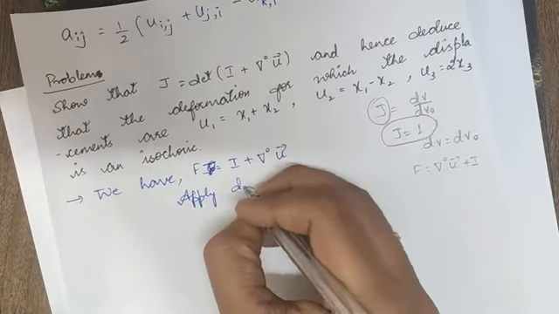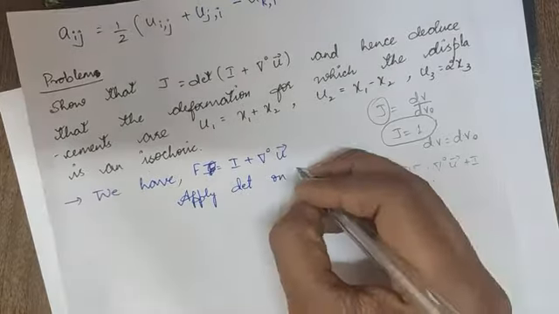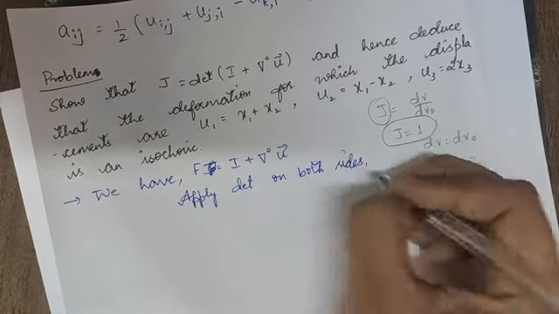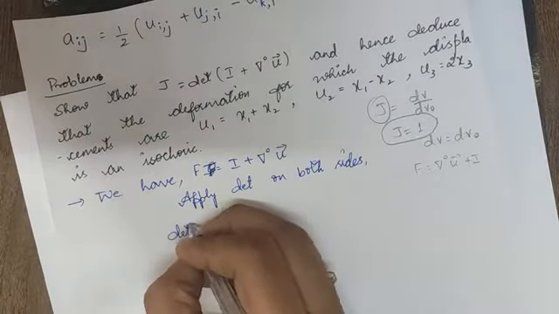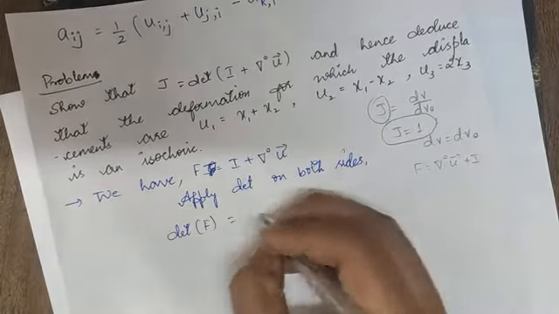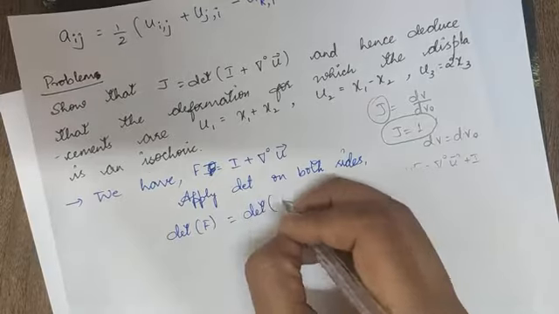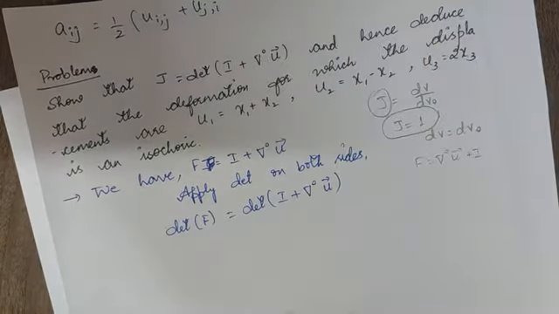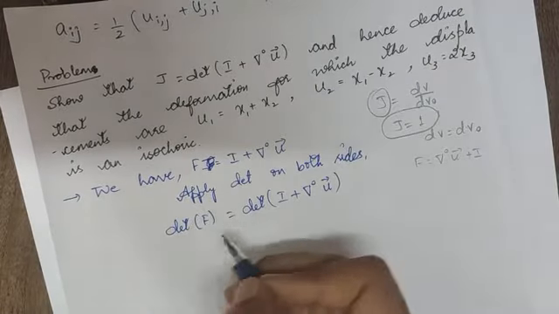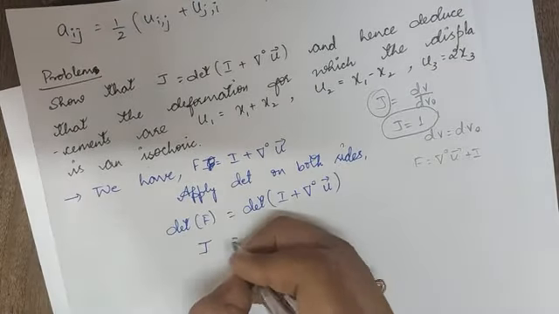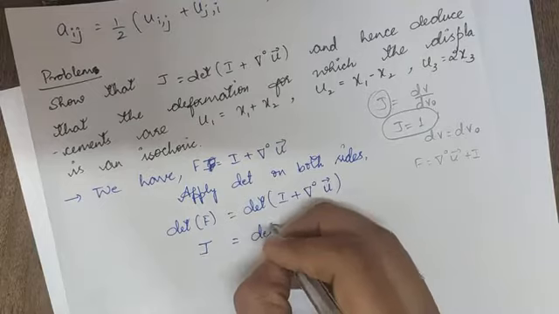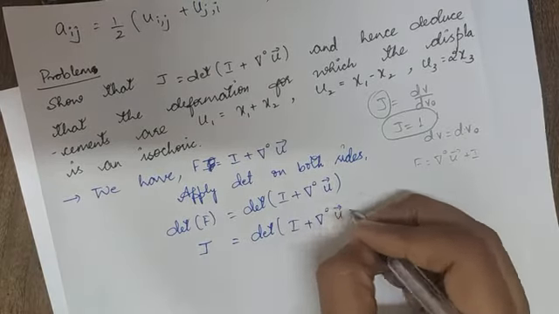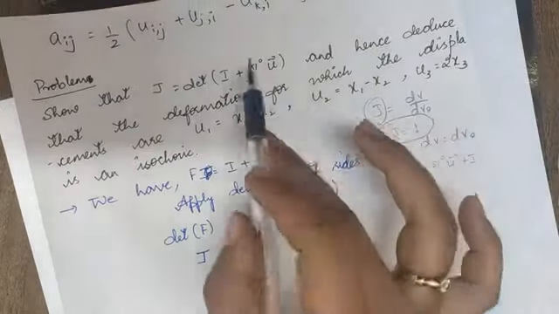What you will get is determinant of F is equal to determinant of I plus del naught u. We know that determinant of F is nothing but J, so you will get J is equal to determinant of I plus del naught u. So the first part is over.